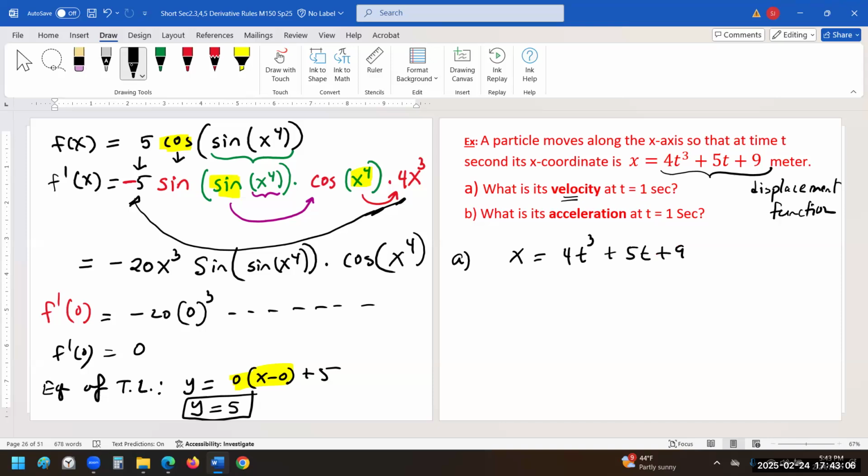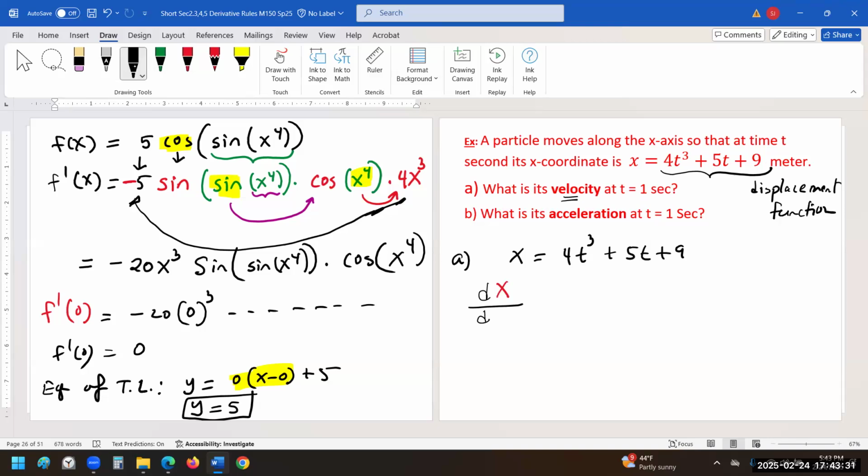Now, x is a function of t, right? So our independent variable is t, and our output or dependent variable is x, right? Now, we are finding derivative of this x, and on the denominator, we indicate what is our independent variable.